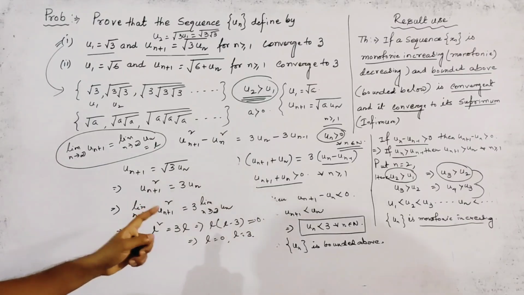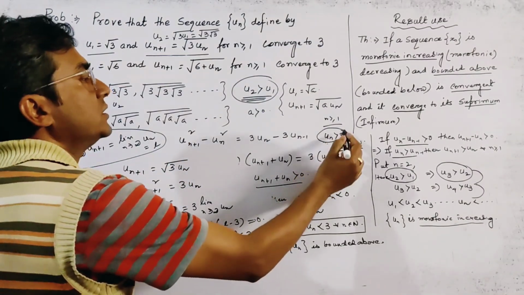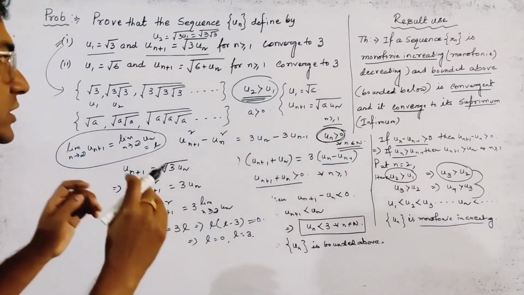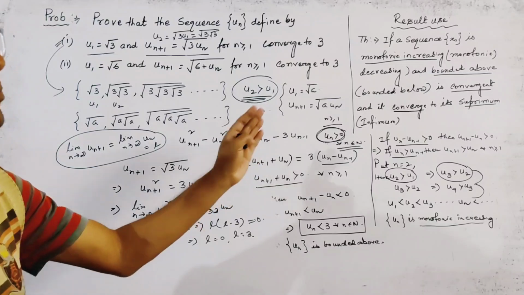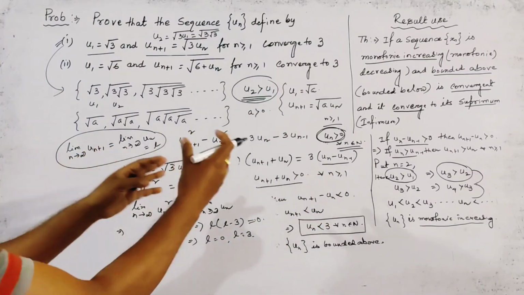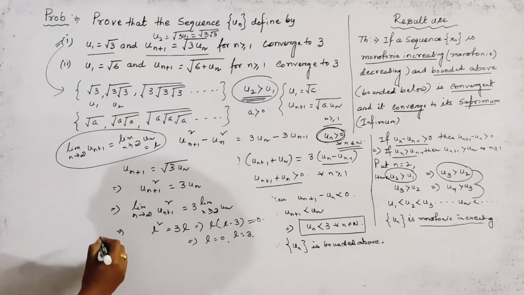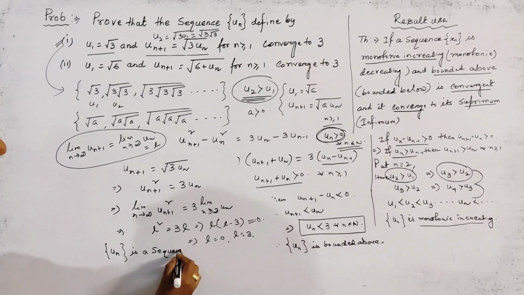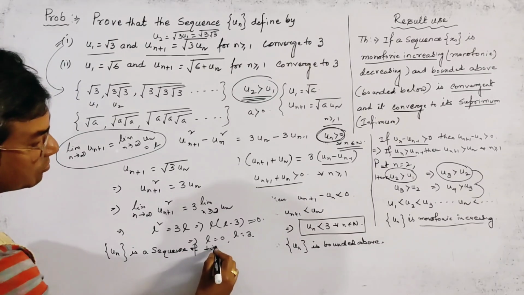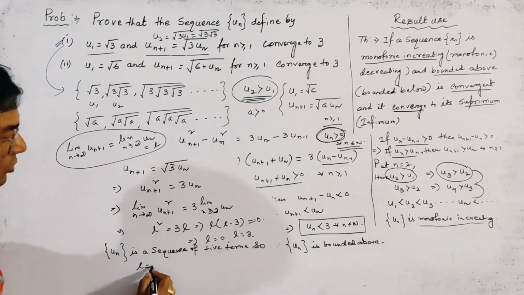But as already shown, every term of the sequence un is positive. So this sequence cannot converge to the point 0 because every term is positive. So here we write the logic: since un is a sequence of positive terms, L is not equal to 0.